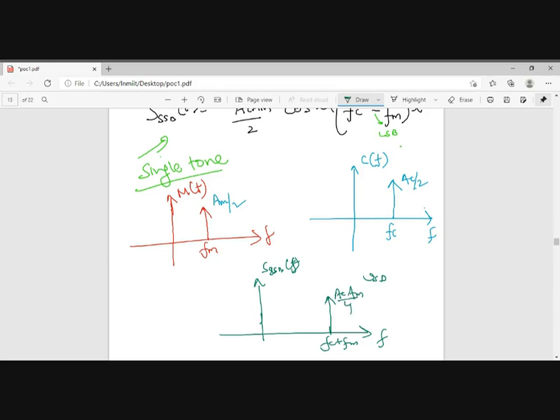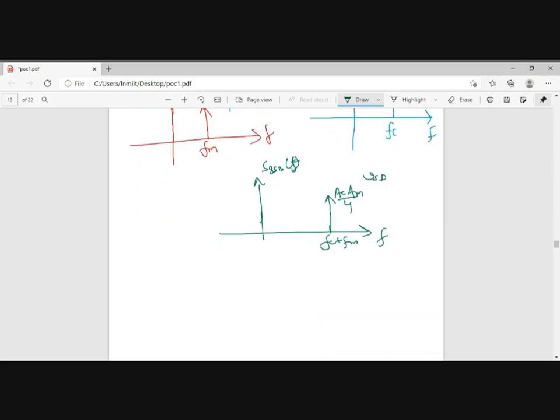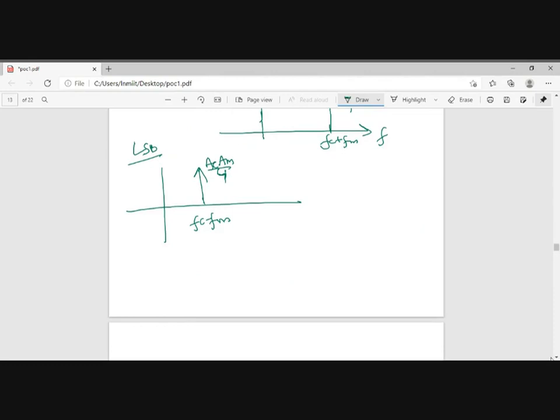Okay, so my spectrum of USB will look like this, and the spectrum of LSB will look like this: fc minus fm and Ac Am by 4. This is LSB, and this is USB. You are familiar with this now because we have done multiple things. And what will be the power?